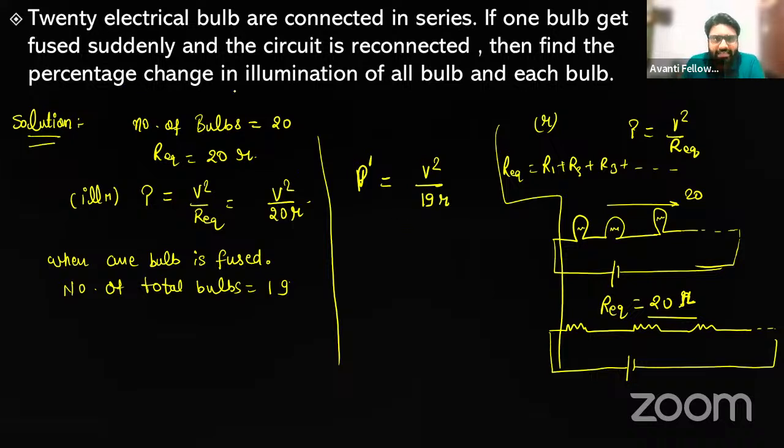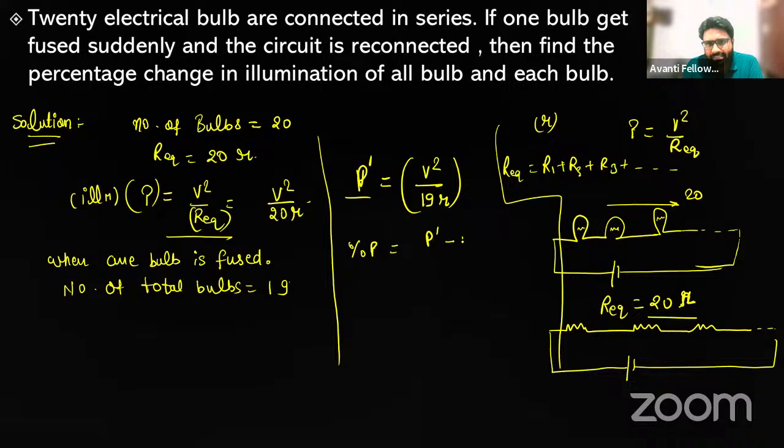Now, the percentage change of illumination of all bulbs. This is the power for all bulbs because we are taking R equivalent. So the percentage change in power will be P dash minus P over P into 100. You can solve it.